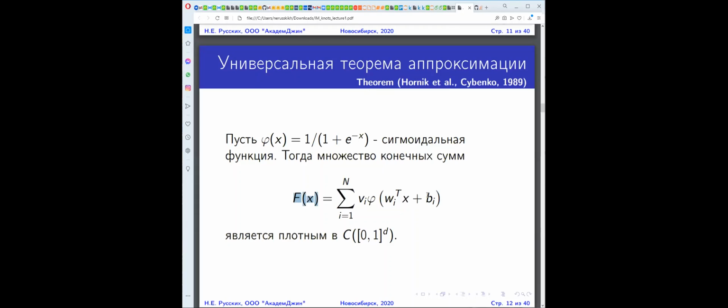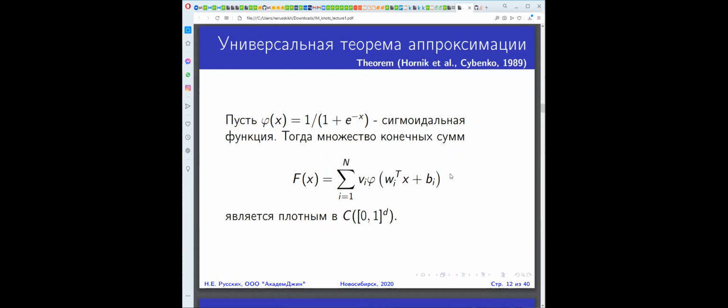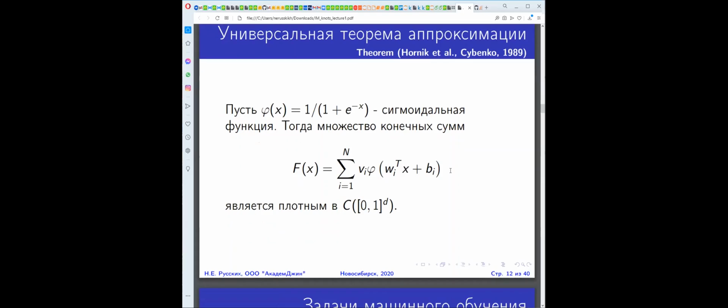This set of finite sums, which if you consider it carefully, you will figure out represents a two-layer neural network, is dense in the space of continuous functions on the multidimensional cube.